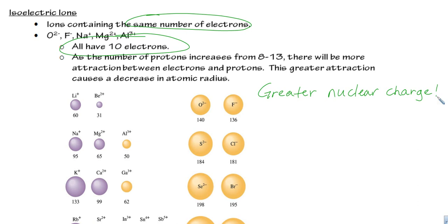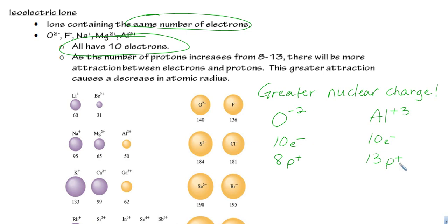So if we have something like oxygen -2, it's going to have 10 electrons, but it only has 8 protons. Now let's say I go all the way across to somebody like aluminum +3. 10 electrons, but 13 positive protons.